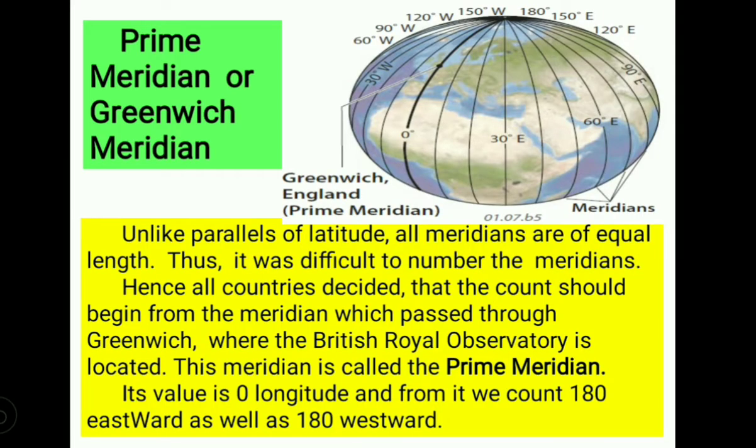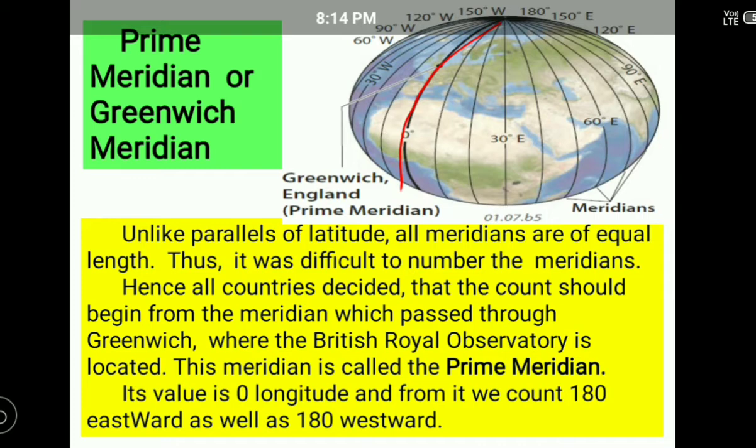Next we go through the prime meridian or Greenwich meridian. The reference line, the 0 degree prime meridian, is called the Greenwich meridian because, unlike parallels of latitude, all meridians are of equal length. Thus, it was difficult to number the meridians. Hence, all countries decided that the count should begin from the meridian which passes through Greenwich, where the British Royal Observatory is located.